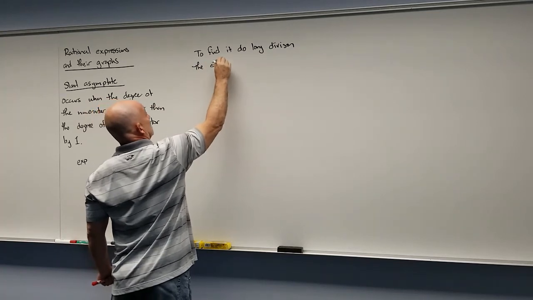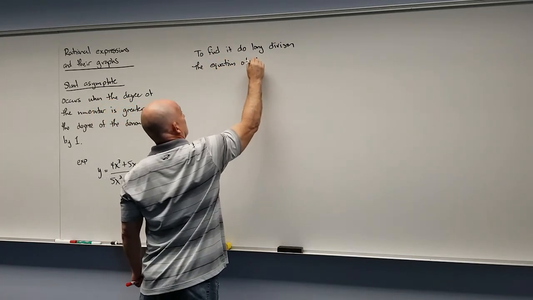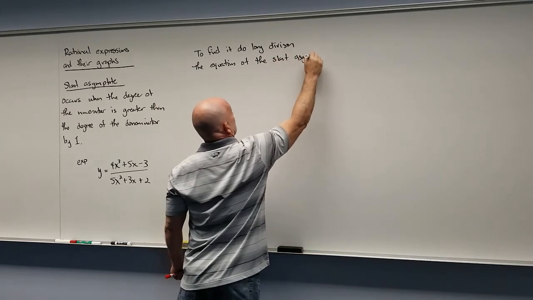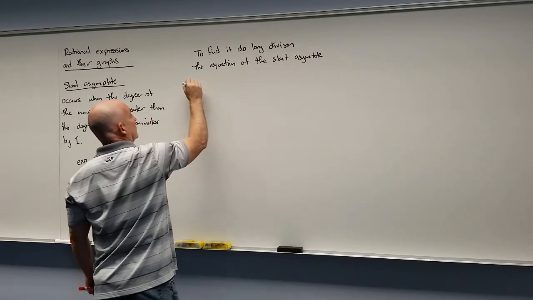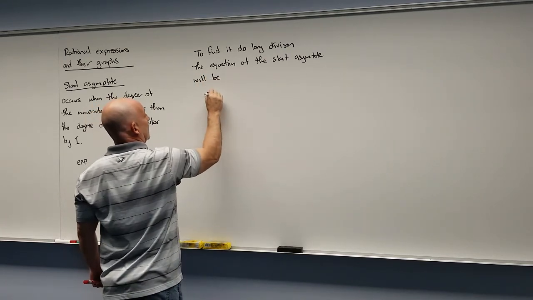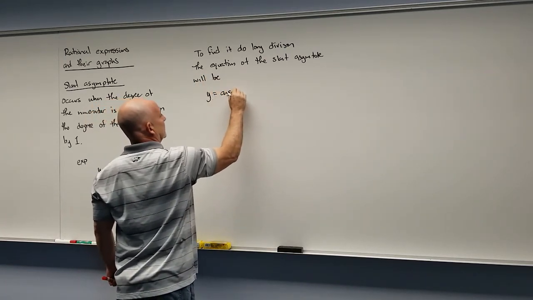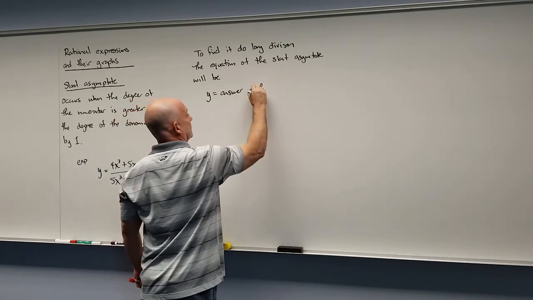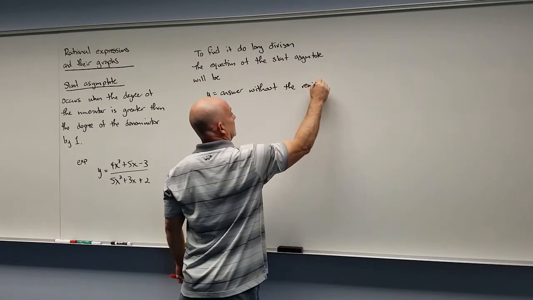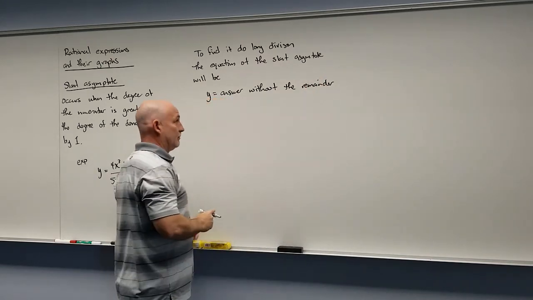The equation of the slant asymptote will be y equals the answer without the remainder. All right, you'll see what I mean by this in just a second.